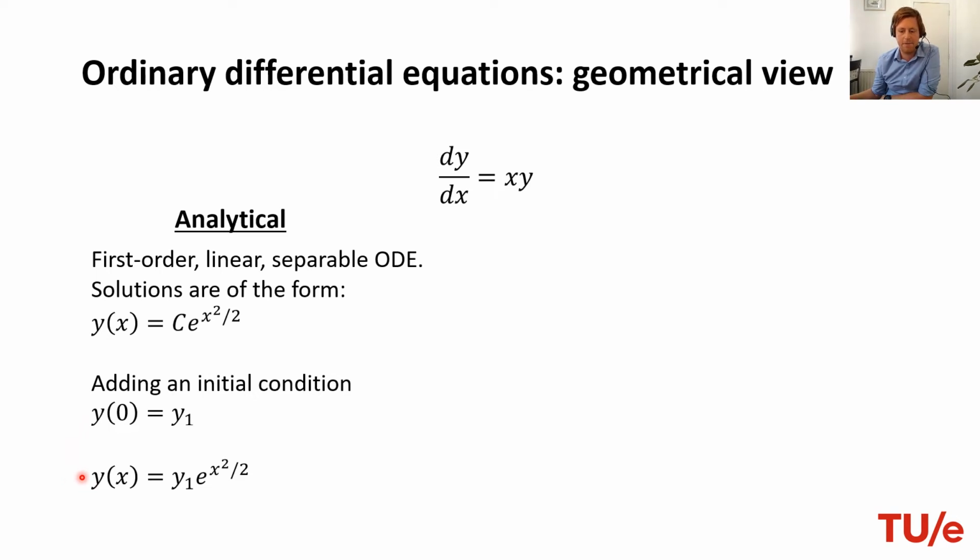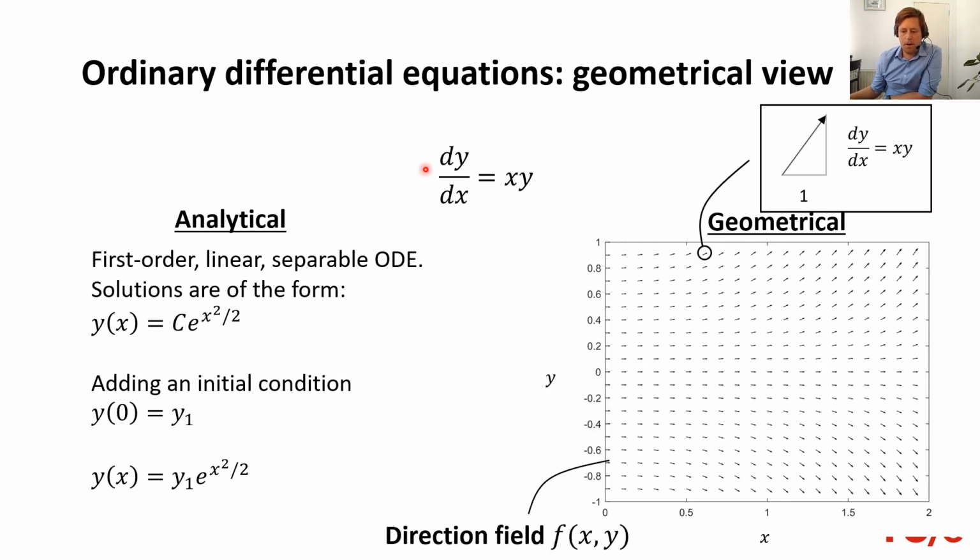So here the initial value problem would be this ordinary differential equation combined with this initial condition, and which yields this single solution: y of x is y subscript 1 times this exponential of x squared over 2. So that's the analytical point of view, but let's try to get a geometrical perspective on this as well.